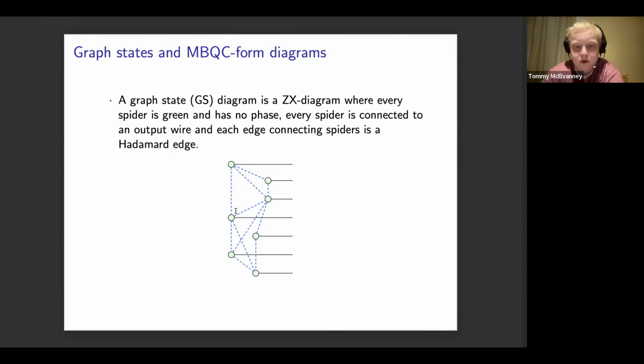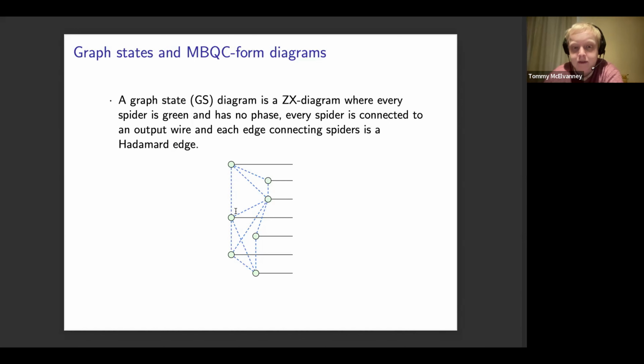So for the definition side, we have graph states and we have MBQC form diagrams. A graph state is just a load of qubits that are prepared in the plus state and entangled together, and all of the qubits have outputs coming from them.